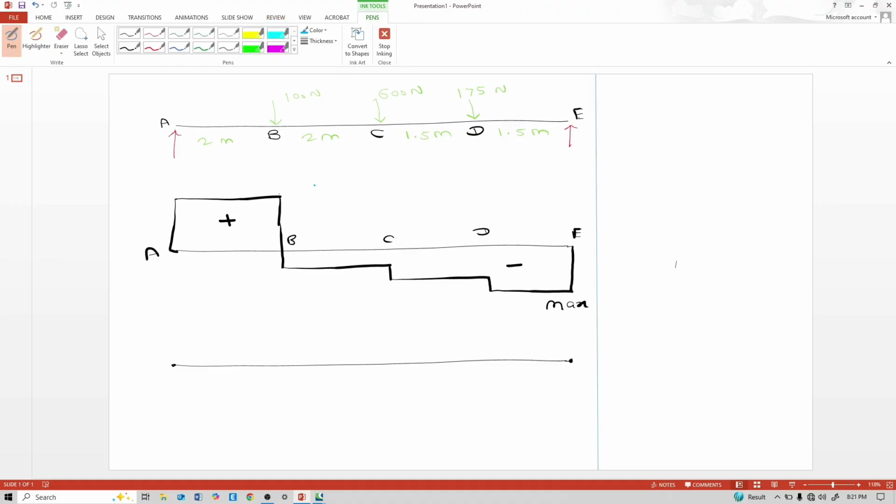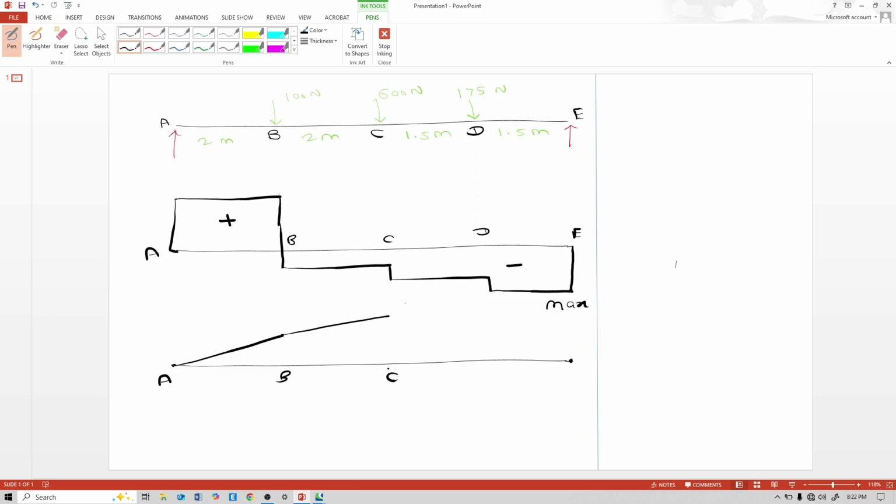So sagging bending moment means positive bending moment. Between A and B there is no load, that means here this is an inclined line. So at point B, like this, and at point C the moment is like this.